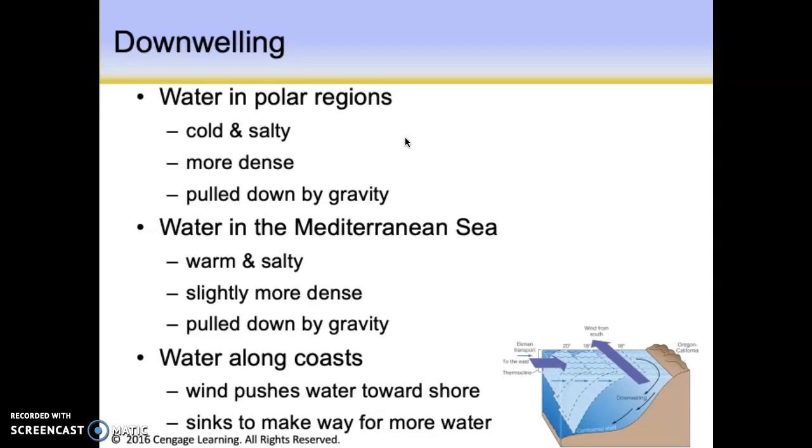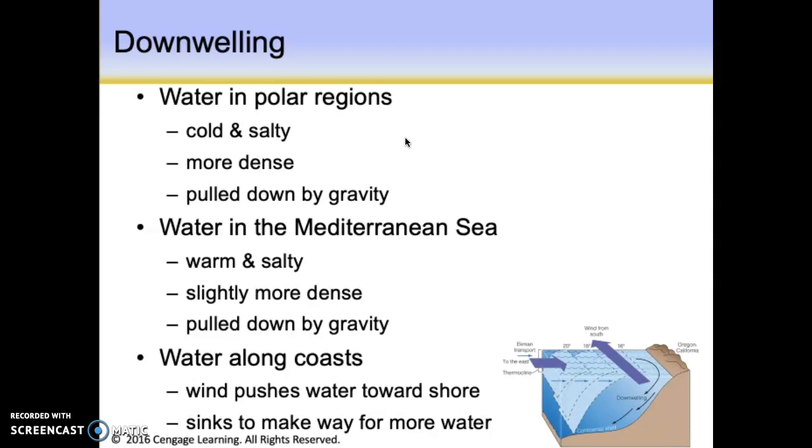There is another kind of a smaller place where downwelling happens that's mentioned in the book, and that is the Mediterranean Sea. Now, in the Mediterranean Sea itself, we have a closed basin near the equator. There is a lot of evaporation that occurs. And so the water is not only warm, but it's also salty because water is evaporating.